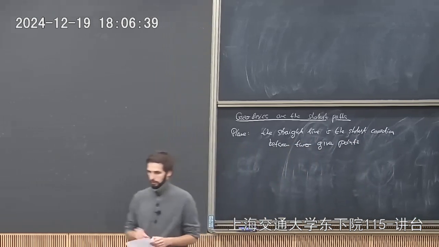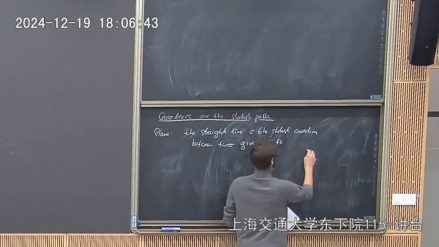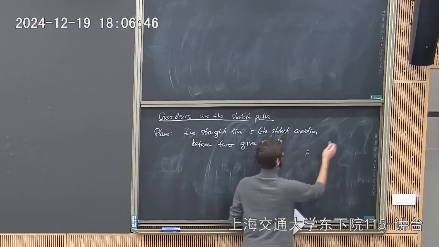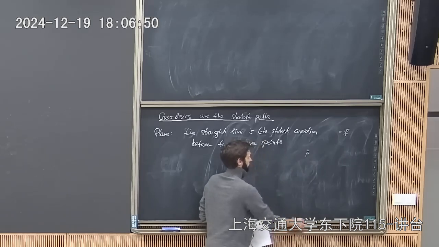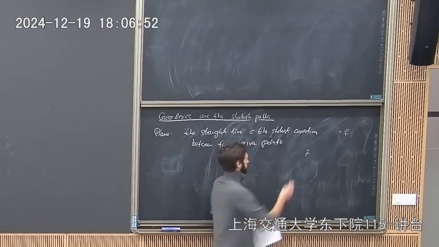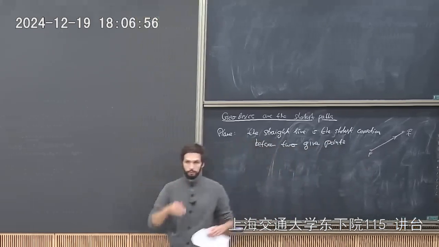So if I give you 2 points in the plane, say P and Q, then if you have to find the shortest path, that will be just the straight line that connects both of these points.